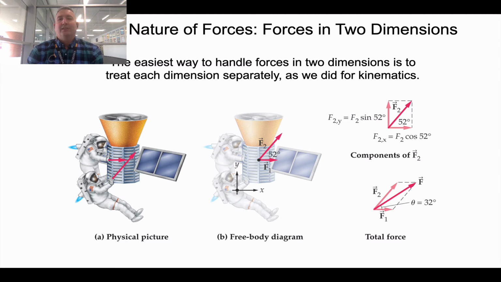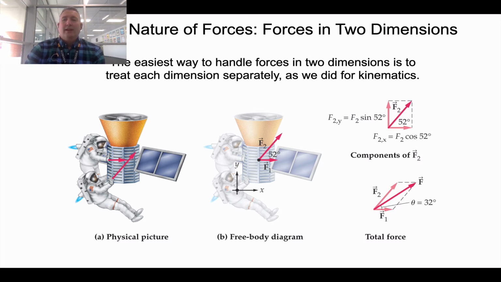Instead of having the vectors tail to tail like they are in the middle diagram, we're going to put them head to tail and end up with that parallelogram that we see with the total force. And the total force is a sum of the 2 forces that are acting on it. So we can break up a force into its components and use those components to add up what's going on.